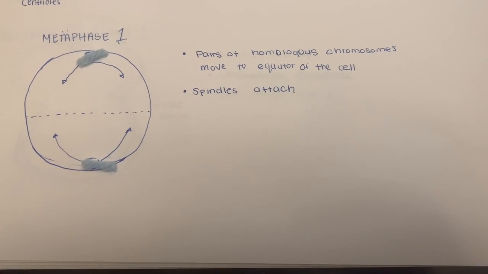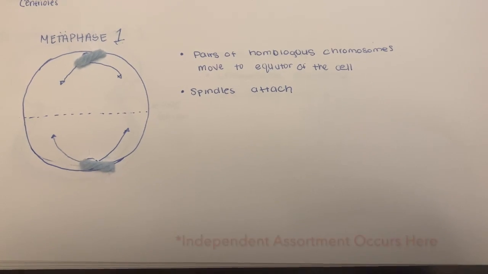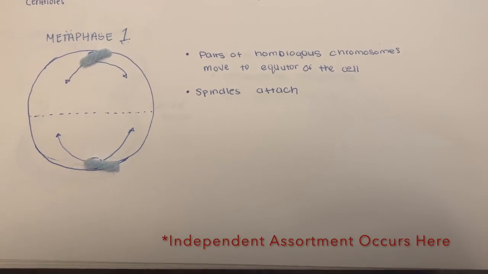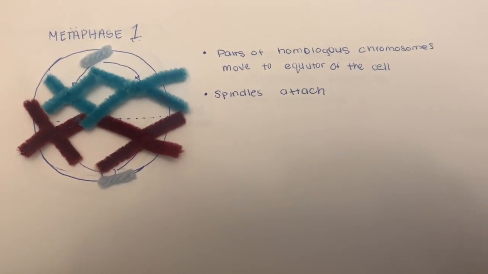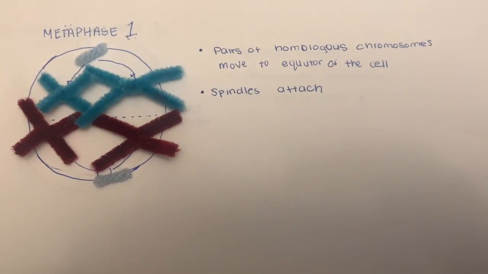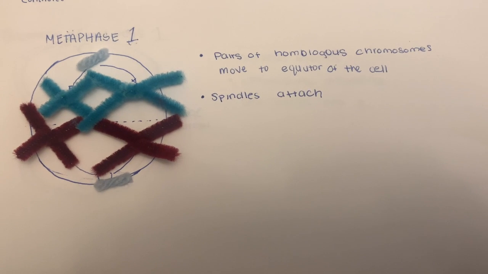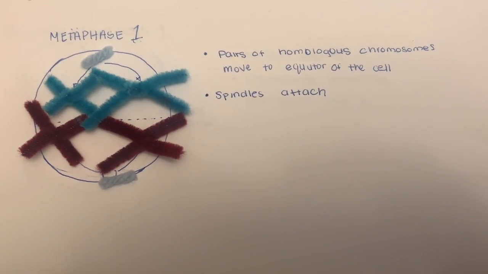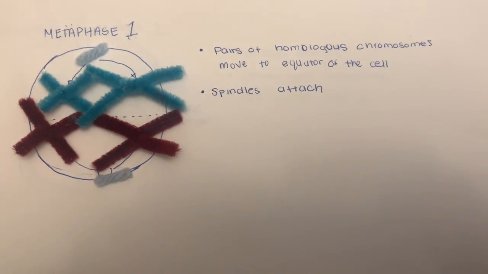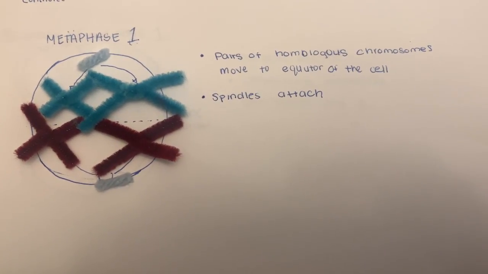In metaphase 1, the pairs of homologous chromosomes line up at the equator of the cell and the spindles attach to the homologous chromosomes. Now it's important to note that the spindles are not attaching to the centromere that connects the sister chromatids. They are attaching to the homologous chromosome.